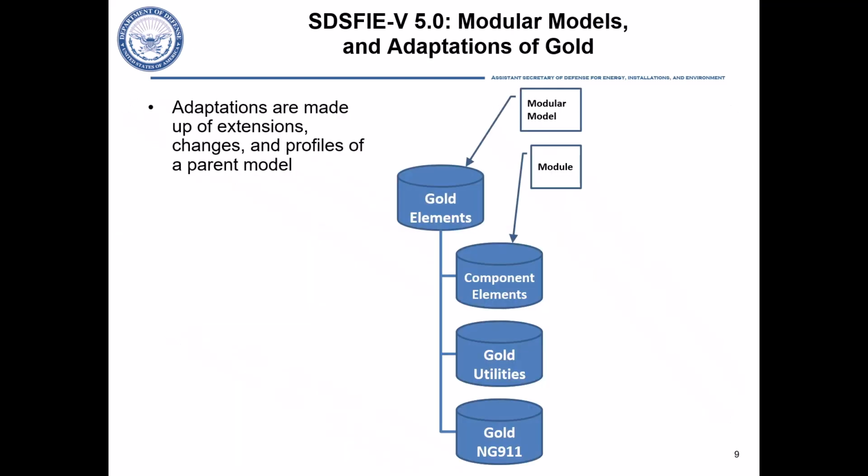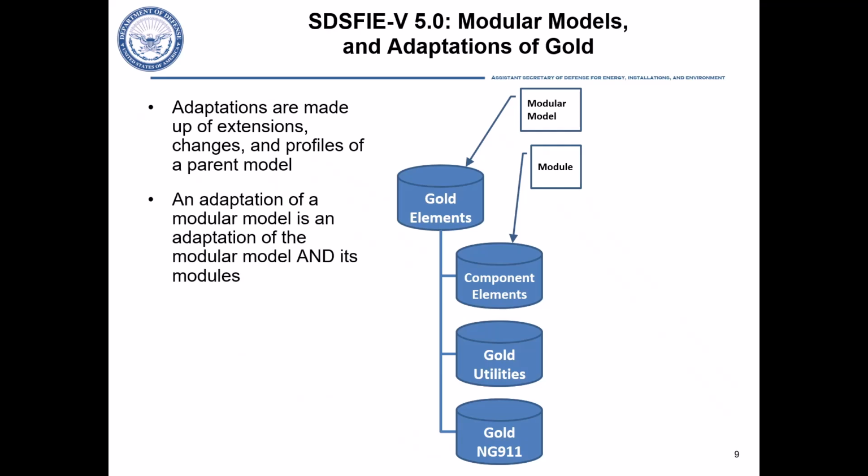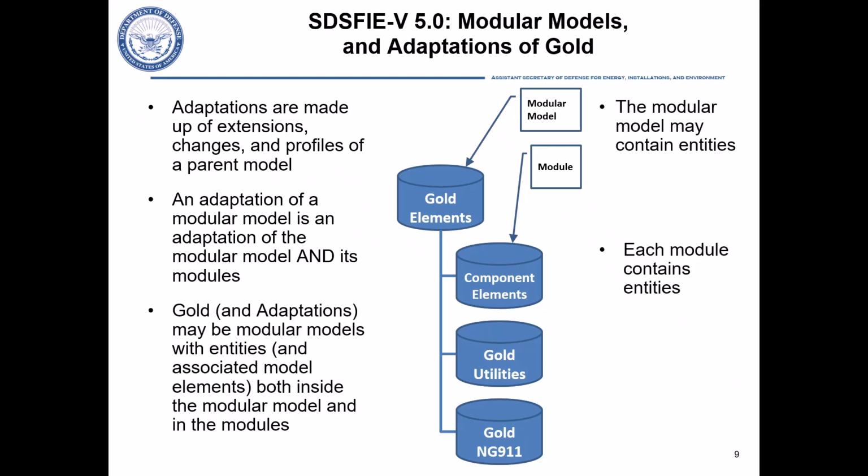As we know, adaptations are made up of extensions, changes, and profiles of a parent model. When considering modular models and adaptations of those models, there are considerations that are noteworthy. First, an adaptation of a modular model includes adapting both the modular model and its contained modules.